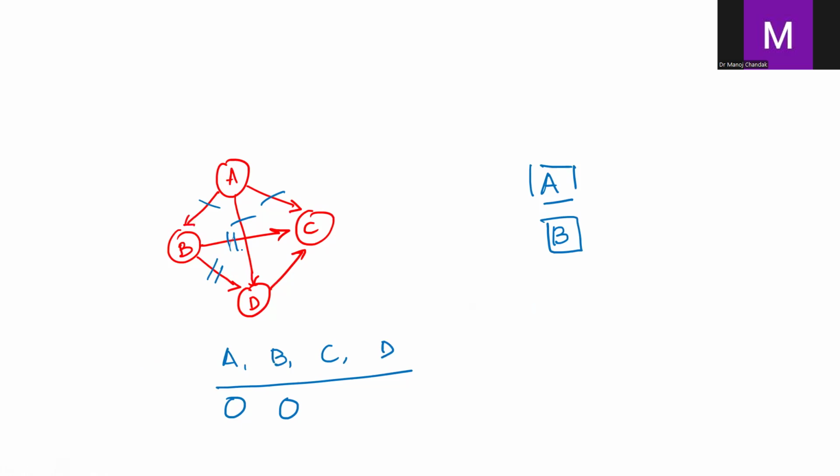And after this, I will have a vertex D which has in degree equal to 0. And in this way, I can take the course D and I can remove this also, and then finally vertex C will have the in degree equal to 0.